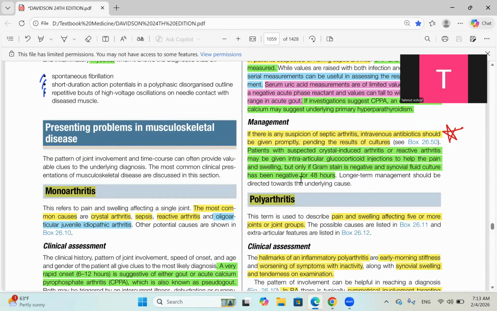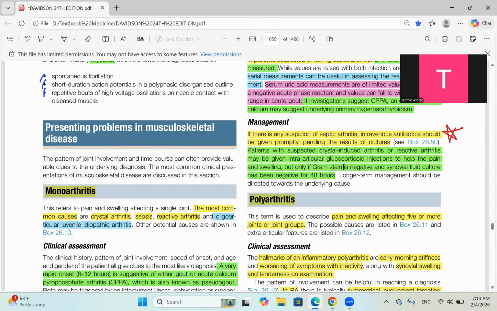Patients with suspected crystal-induced arthritis or reactive arthritis may be given intra-articular glucocorticoid injections. So gout patients, pseudo-gout patients and reactive arthritis patients may be given intra-articular steroid injections to help the pain and swelling, but only if gram stain is negative and synovial fluid culture has been negative for 48 hours.